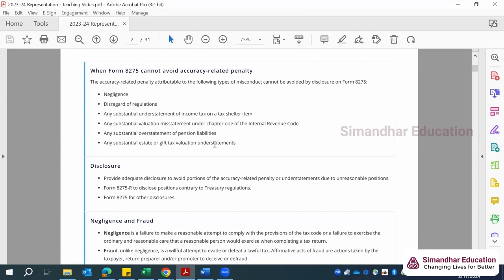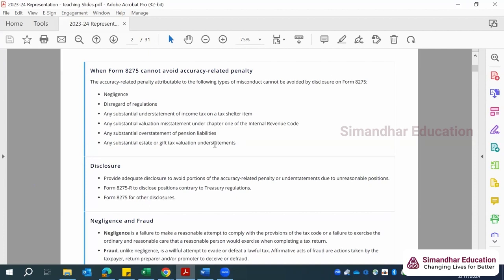The code sections, the authoritative literature, right? So if you do not consider the authoritative literature, the rules, the regulations that are set out, you have a complete disregard for those regulations, then you will be assessed with an accuracy related penalty.